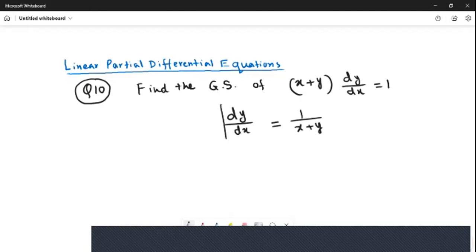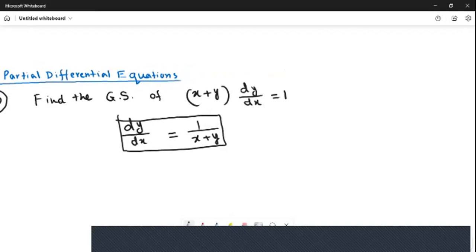This way it will be very difficult for us to solve, because we know the standard form. What is the standard form? Anybody remembers? The standard form was dy/dx plus Py equal to Q, right? So there is no y here. If you look at the right hand expression, it will be difficult for us to find it.